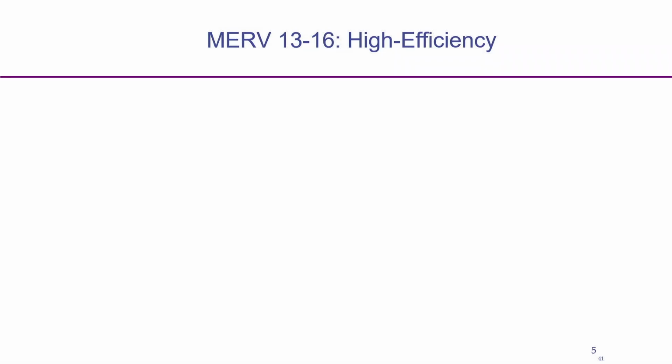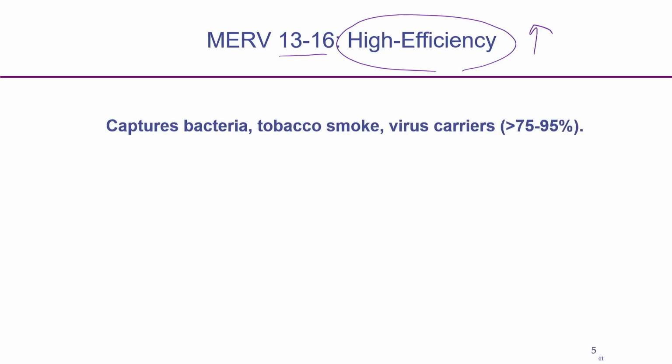Now, MERV level 13 to 16 we need only in those places where high efficiency filtration is important. Even small particles we need to arrest, but the main thing we should keep in mind, air velocity requirement should not be very high. It captures bacteria, tobacco smoke, virus.